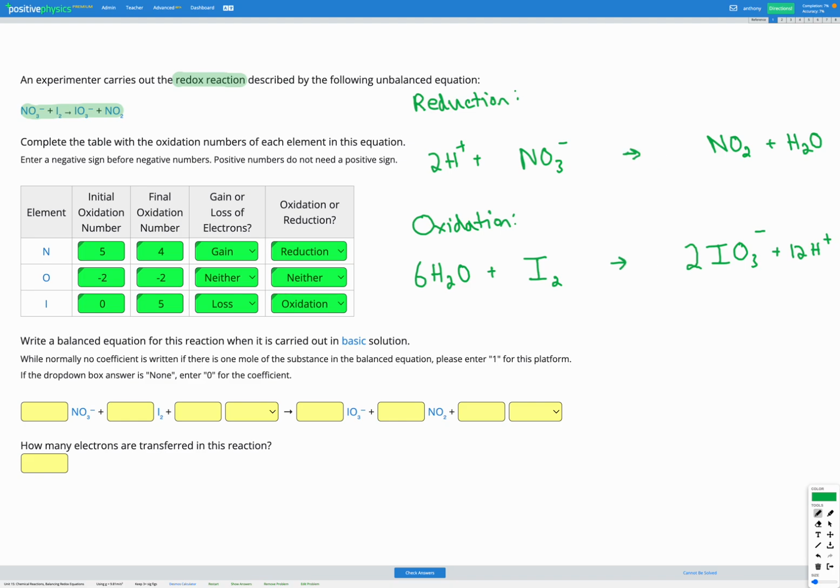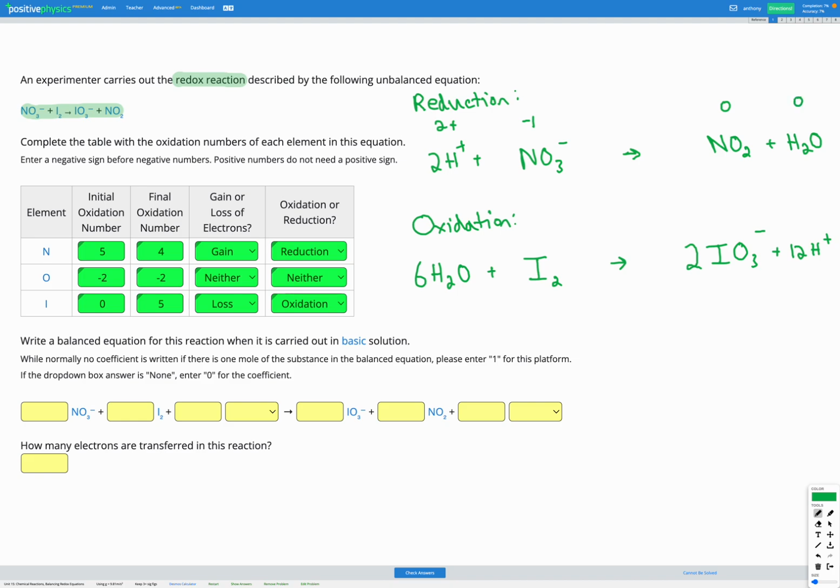Our next step is to balance the charges by adding electrons. So looking at our reduction equation, we have 2 H plus ions, so that's 2 positive here. Then we have 1 NO3 minus ion, so that's a negative 1 there. So we've got plus 2, negative 1. On the right-hand side, we've got NO2, which is neutral, 0, and H2O, which is neutral, 0.